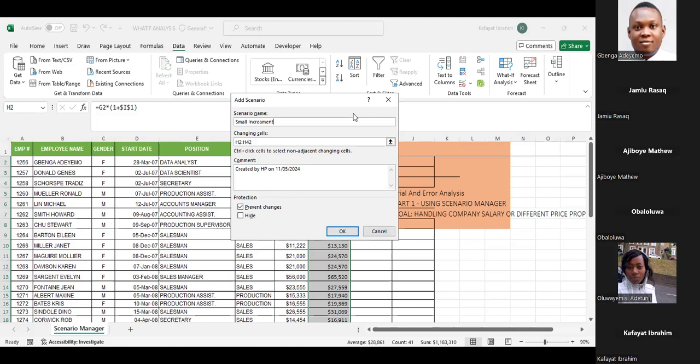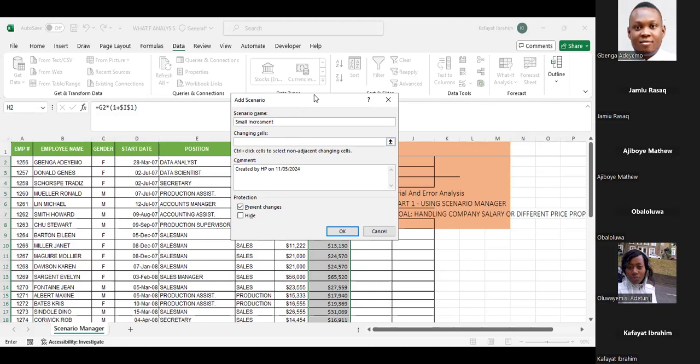Right? Good. Now go to changing cells. Clear what you have there. Clear everything. Now shift the entire box to your left a little.